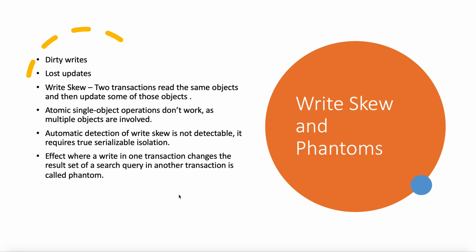Based on this result set of the first query, the application code decides how to continue. In the case of doctors on call, it sees that there are two on call, that it is fine, one can go off call, and in the third step it decides to proceed. Similarly with the meeting room, the users see that there is a meeting room available, so the application code decides to proceed.